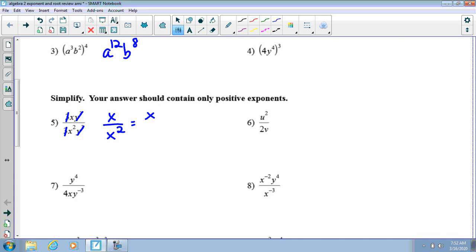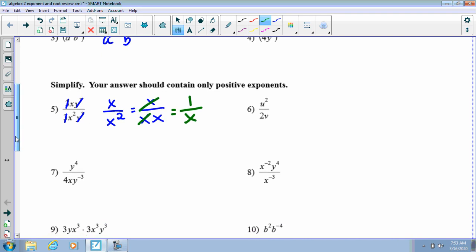So remember, if I was going to write all my x's out, it'd look like that. And I can cancel 1 for 1. So there's 1 left at the bottom, and this is a mistake I saw a lot on the test, that you just jump that up to the top instead of leaving it on the bottom. And if it's on the bottom, you have to put a 1 on the top. Okay, so that's just basic canceling with our variables.